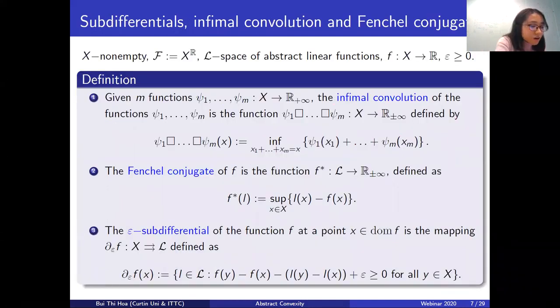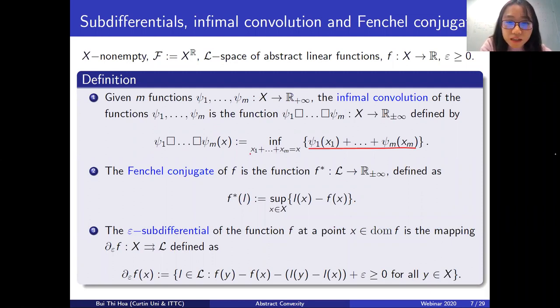Now, many key terminology notions in standard convex analysis can be extended to the framework of abstract convexity. For example, infimal convolution. Infimal convolution is actually not a generalization, it's just a standard definition. But if you look at here, this is a summation of the values of the functions in image space, which is okay.